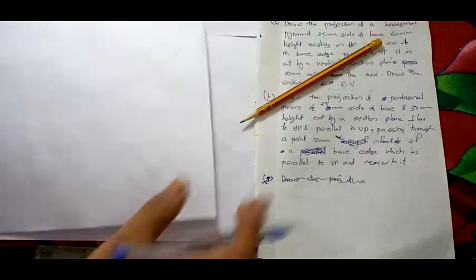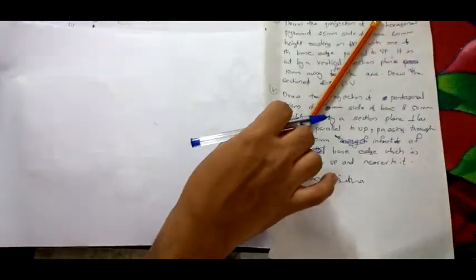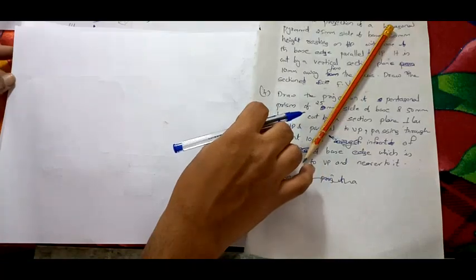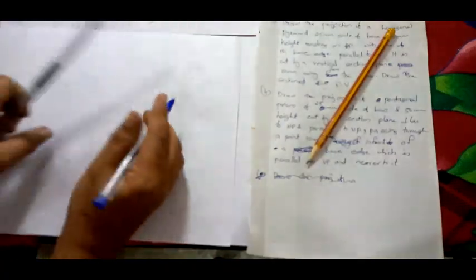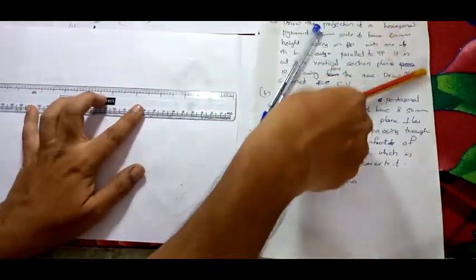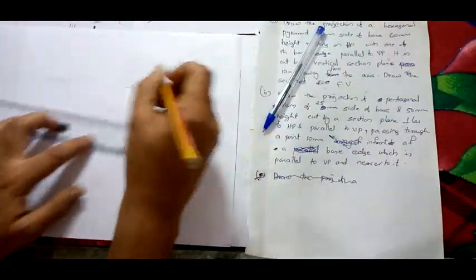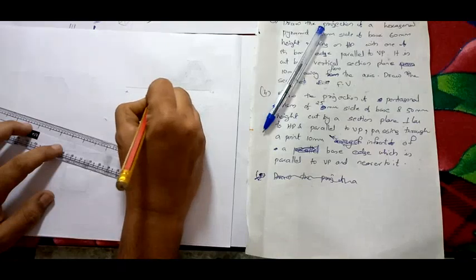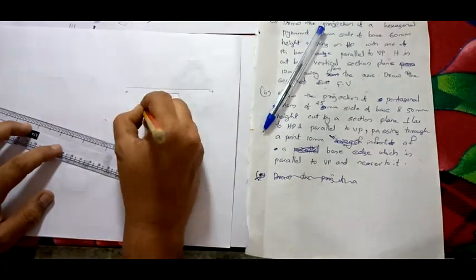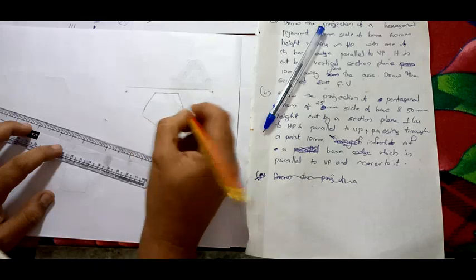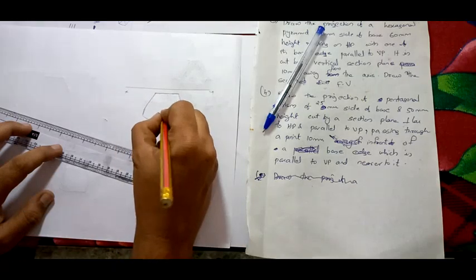Now I will be drawing here. See, first draw XY line. Now draw a pentagonal prism. So nearer to it, complete the prism. Center will be here or like that.